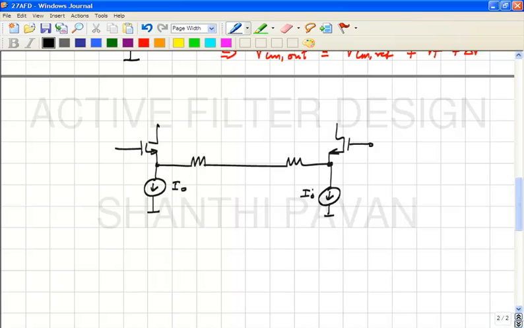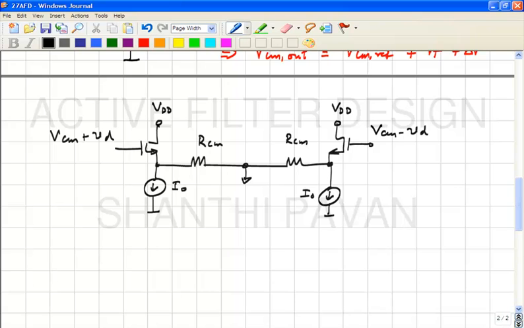This is I0, this is RCM, VDD, this is VCM plus VD, this is VCM minus VD. So, what is this?